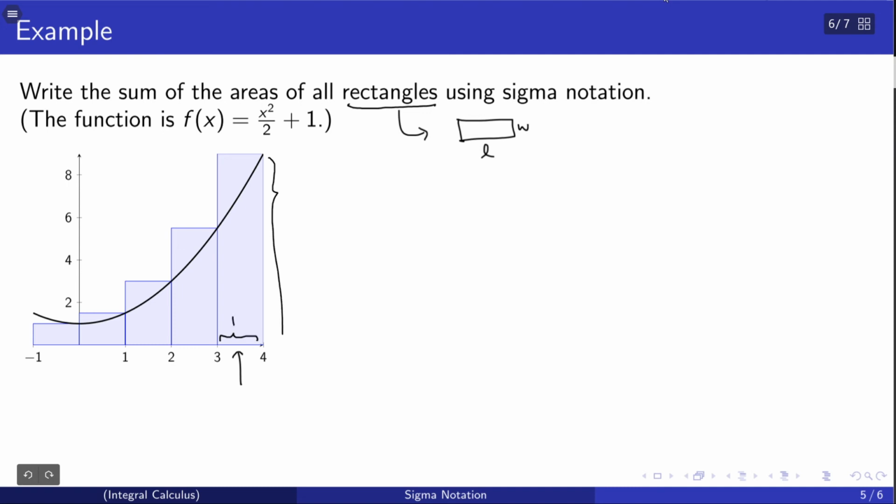The height, we don't know it, but we can find it by plugging 4 into your function, because the top right corner of your rectangle is exactly on this curve of f of x. So when you plug in 4, it's 4 squared over 2 plus 1, and that's 16 divided by 2 plus 1, which is 9. So the area of this rectangle is 9.